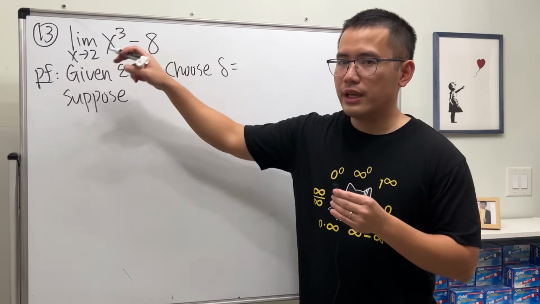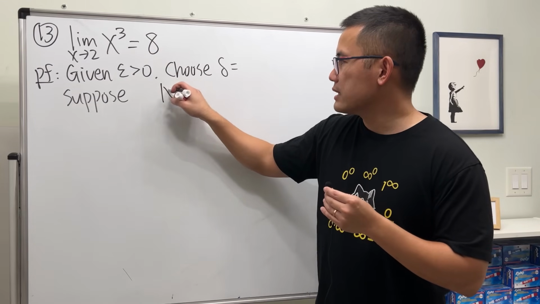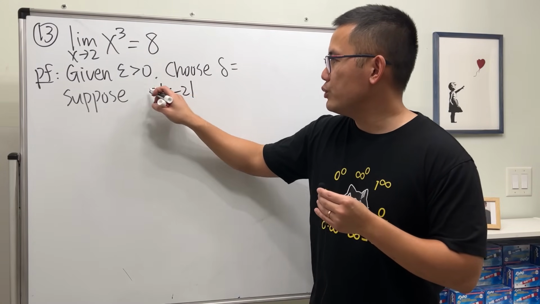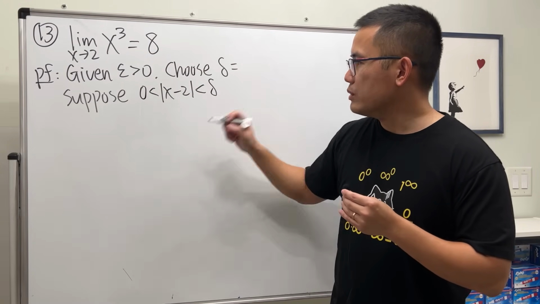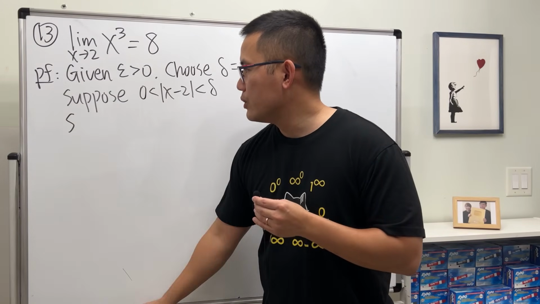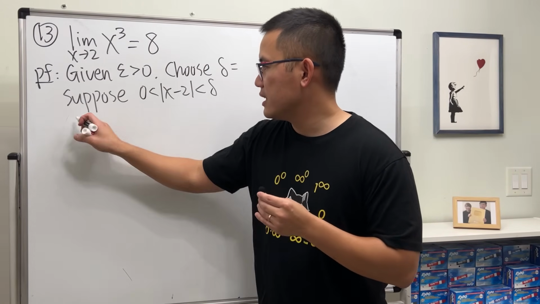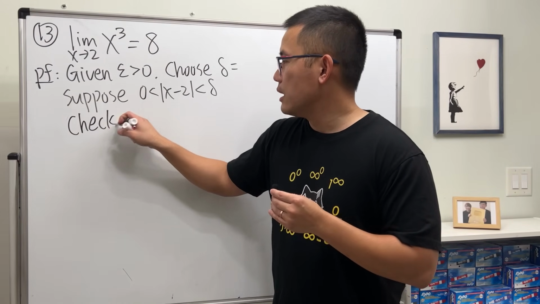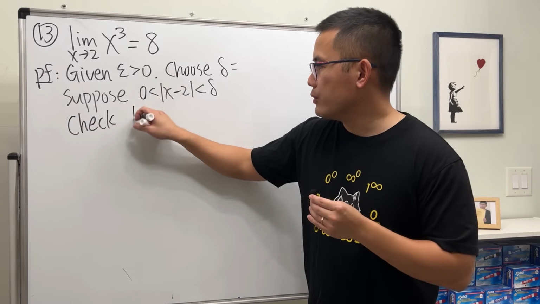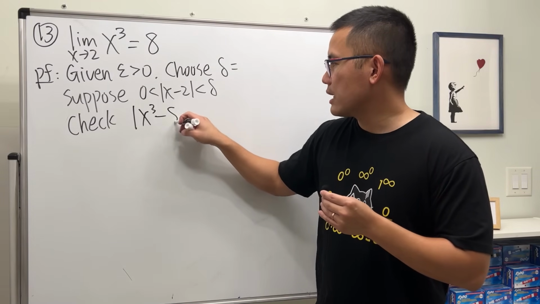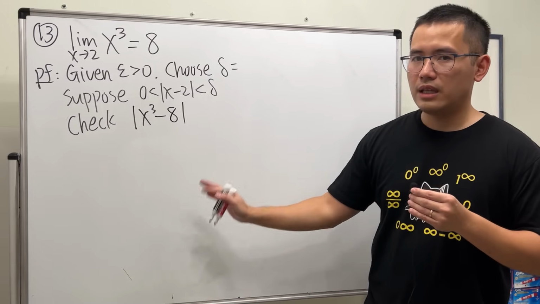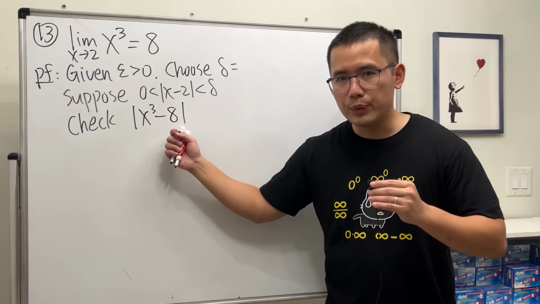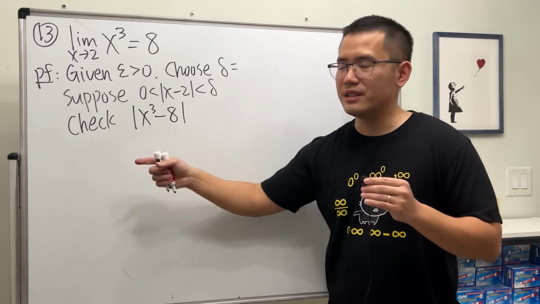the distance between x and 2. So absolute value of x minus 2 is in between 0 and delta, and then we are going to check this minus that in the absolute value, somehow is going to be less than epsilon at the end. Okay, here we go. What can we do? Factor it, of course.